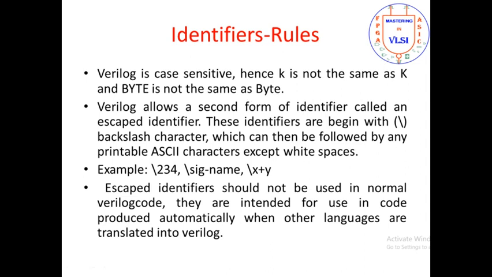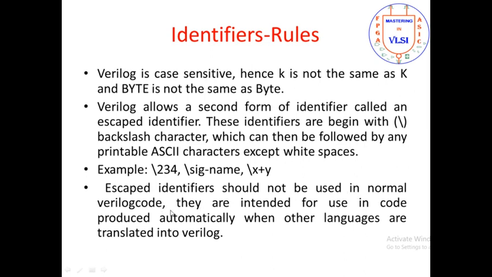Verilog allows a second form of identifier called an escaped identifier. These identifiers begin with a backslash character, which can then be followed by any printable ASCII characters except white space. Example: \234, \signal-name, \x+y. Actually, escaped identifiers should not be used in normal Verilog code.